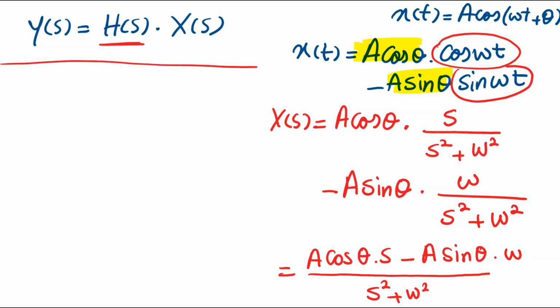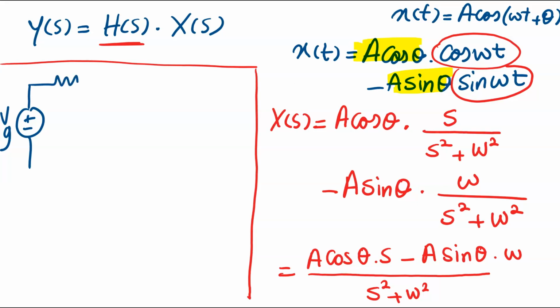So let's review what we had in our example. We had a circuit, and in our circuit we had Vg as input, which we are now considering to be sinusoidal.